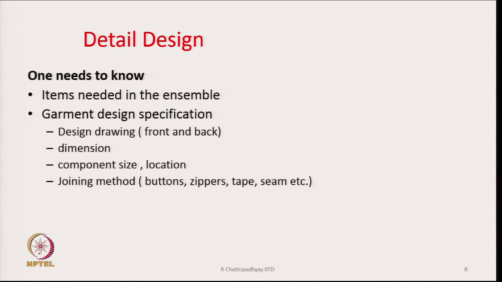Then comes the garment design specifications we have to develop. That means we need to know the design drawing, how the garment will look like, how many parts will be there in the garment, where we should have seams and what type of seam. All this detailing has to be there, the design drawing has to be there, because it helps in communication.